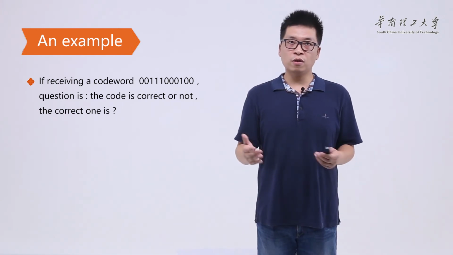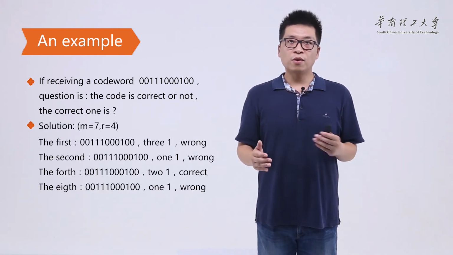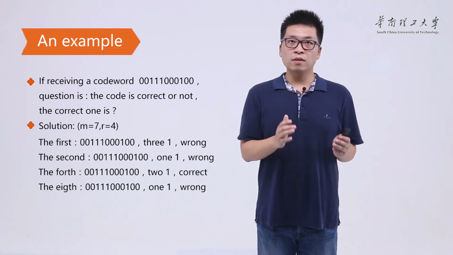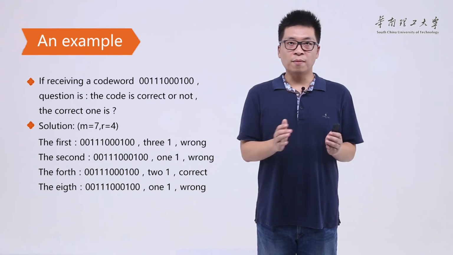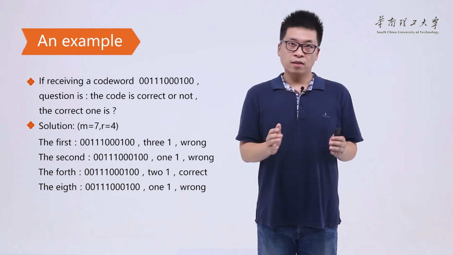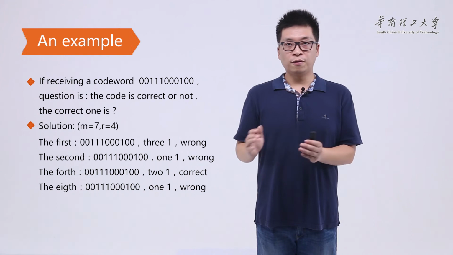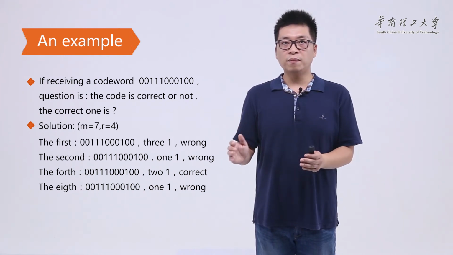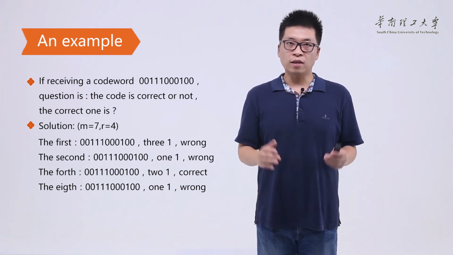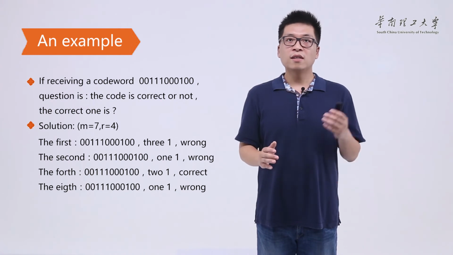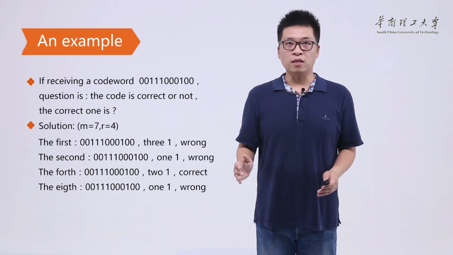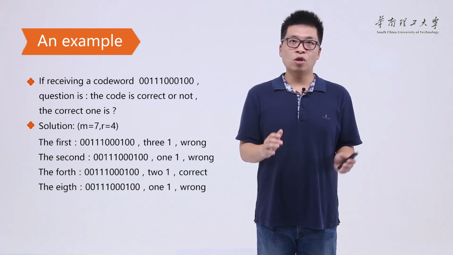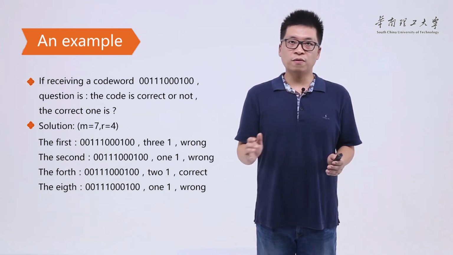The total length of the code word is 11. Among these 11 bits, 7 bits are message bits and 4 bits are redundancy or check bits. We can easily see that the first, second, fourth, and eighth bits are check bits. So the receiver just needs to recalculate these 4 bits.